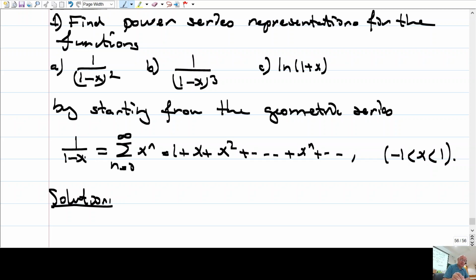you may think it both ways. It is either the square of this, so you take this function and multiply with itself. You can do it that way, or you can take derivative of this, right? When you take derivative, you get again 1 over 1 minus x squared, right? So you can do both things.